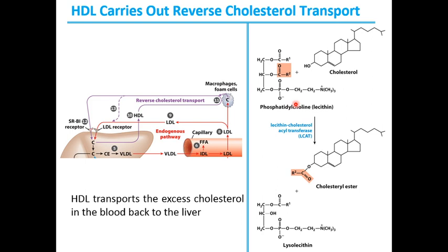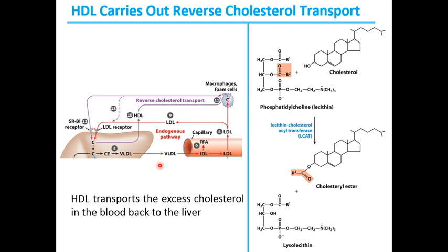LCAT on the surface of a nascent HDL particle converts the cholesterol and phosphatidylcholine of chylomicron and VLDL remnants encountered in the bloodstream to cholesterol esters. This means that HDL is a cholesterol scavenger. It scavenges the excess cholesterol that is present in these chylomicron remnants and VLDL remnants.